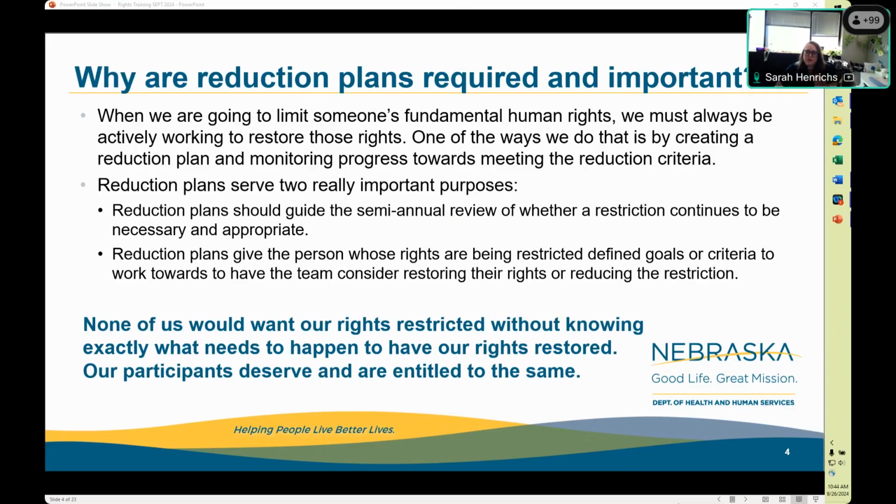If we really truly believe that our participants' rights are our rights and we want to protect them the same way we would want our own protected, or that we would advocate to protect ourselves, then we can't just have a reduction plan that says the team will talk about it every 6 months, right?